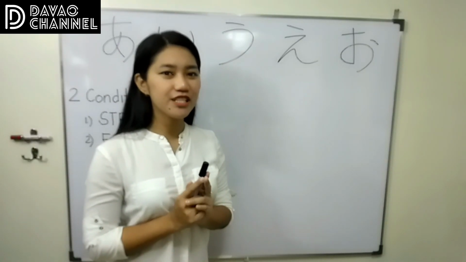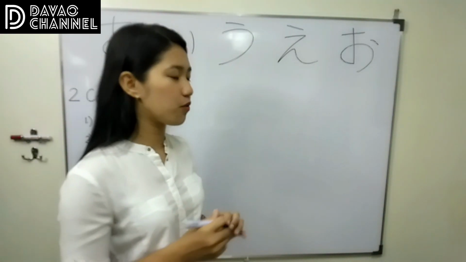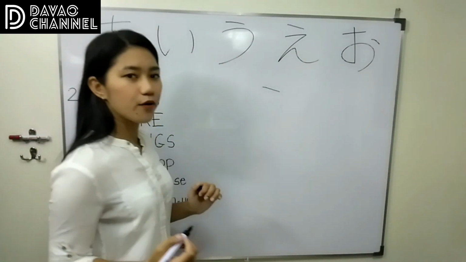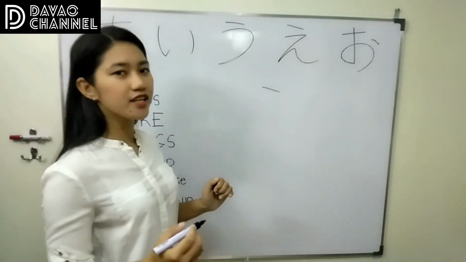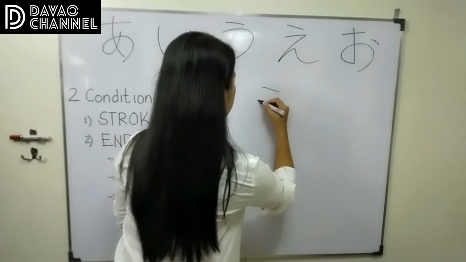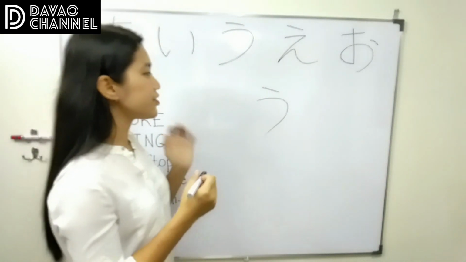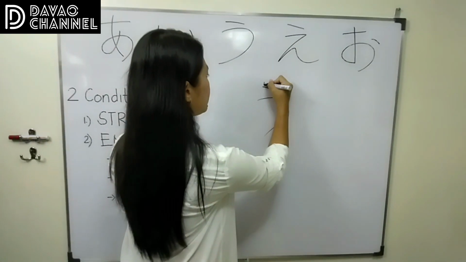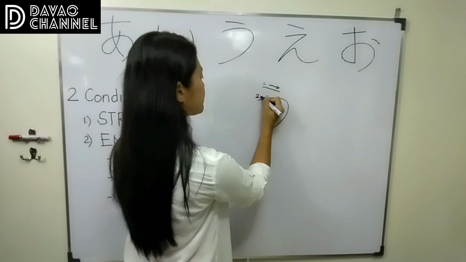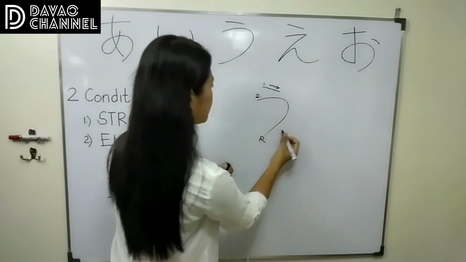Let's proceed to our letter U. For our first stroke. Our first stroke and our second stroke. Our first stroke goes in here to that direction, and our second stroke starts in here, and it has a release ending.